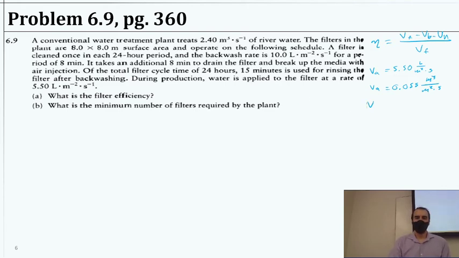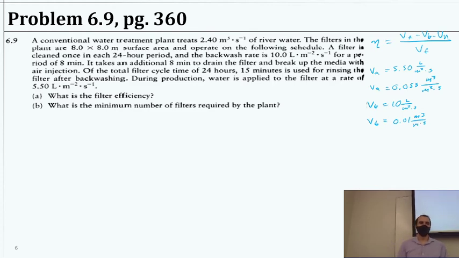We were also given that their backwashing rate was higher. It was 10 liters per square meter per second. So when I convert that, it's going to be 0.01 cubic meters per square meter per second.